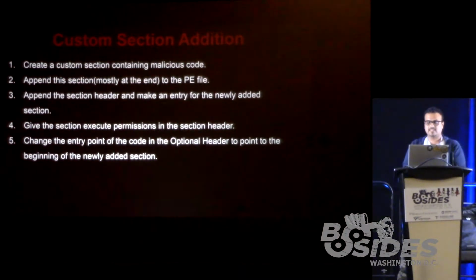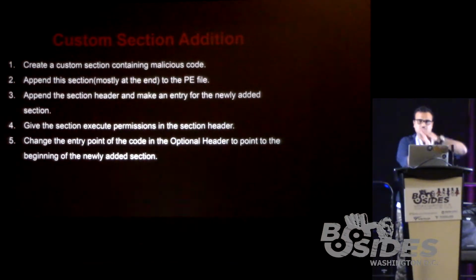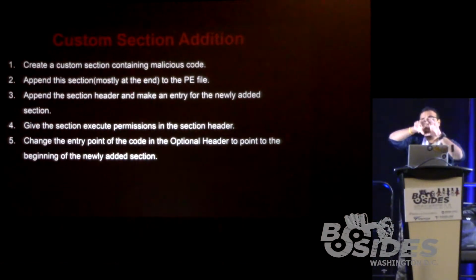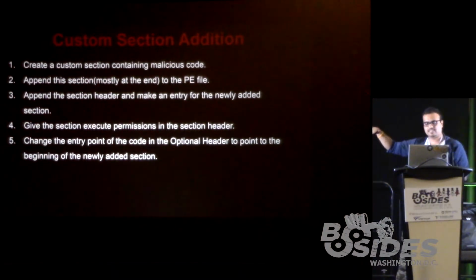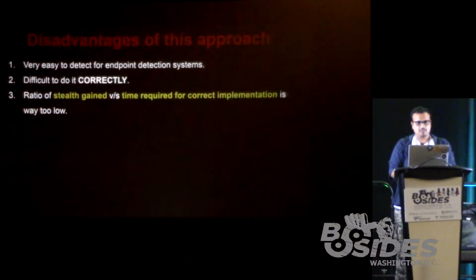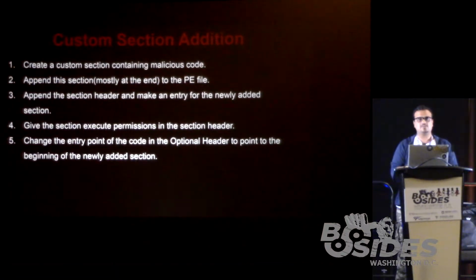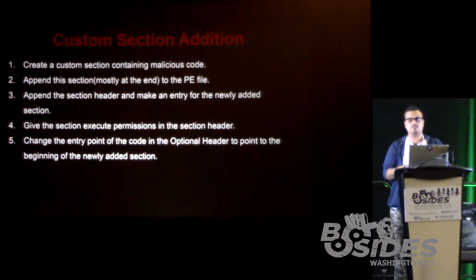So what you do is basically you create malicious shellcode, put that as a section and append it to the end of the PE file, and then change the entry address inside the PE header to point to that particular section, right? But it is important to know that you also need to give execute permissions to that section, because by default only the text section has the execute permissions for most common PE files, right?